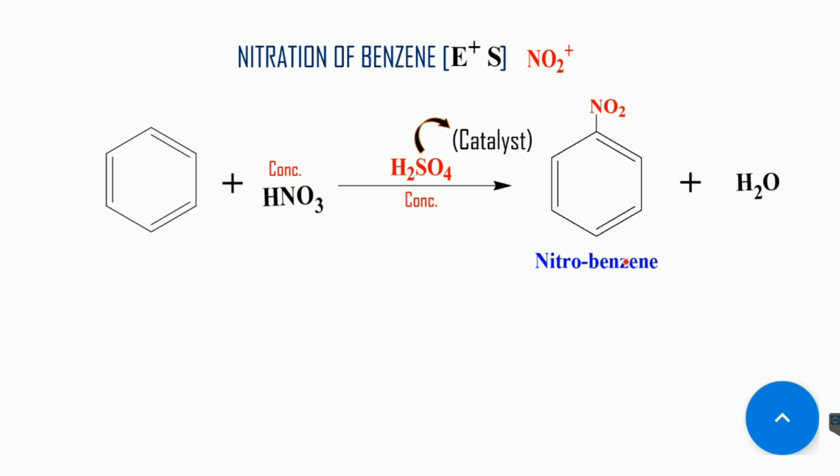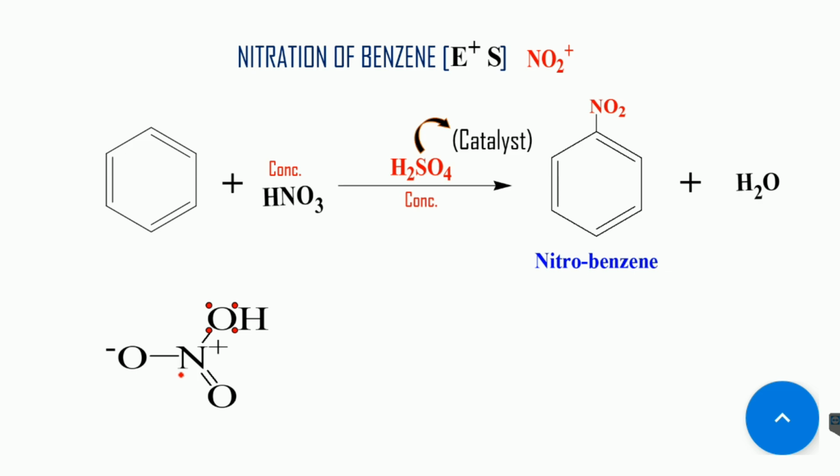So we have to see how this HNO3 is dissociated and prepares the NO2 electrophile. If we study the Lewis structure, then it is easy to understand: the oxygen atom has a lone pair, and due to electronegativity this oxygen also attracts more electrons from nitrogen, which also has a lone pair.